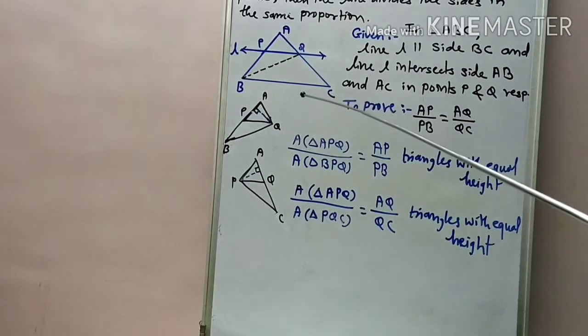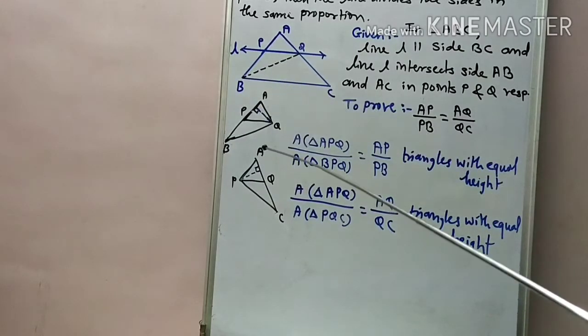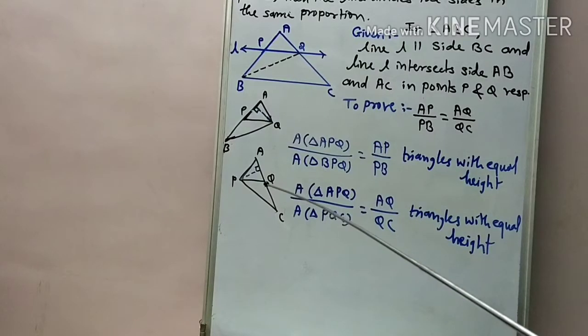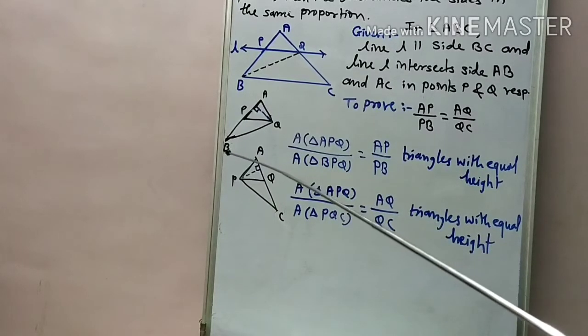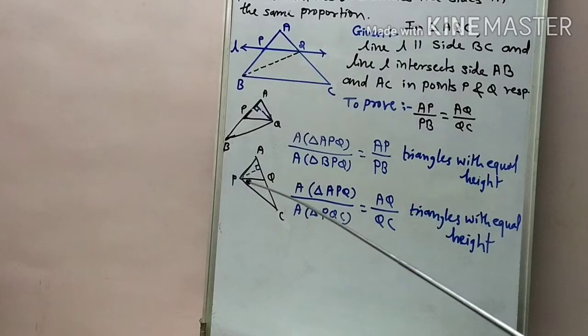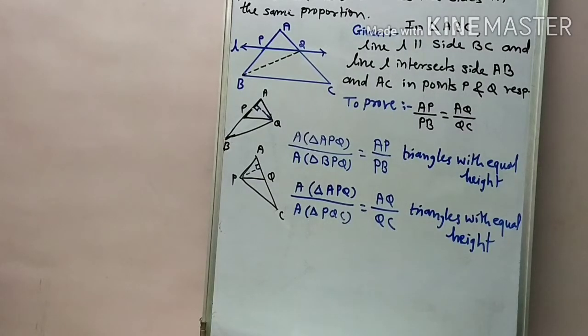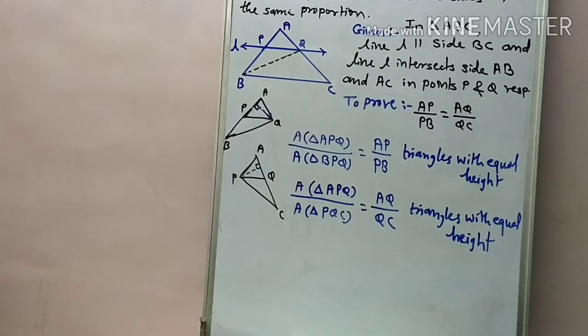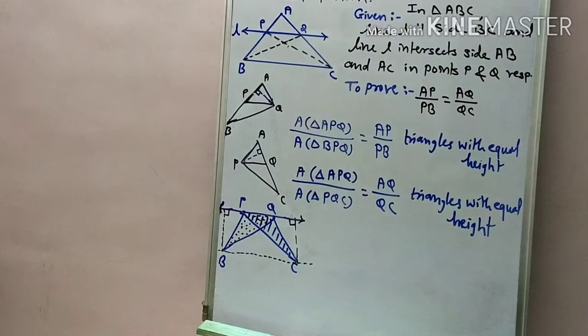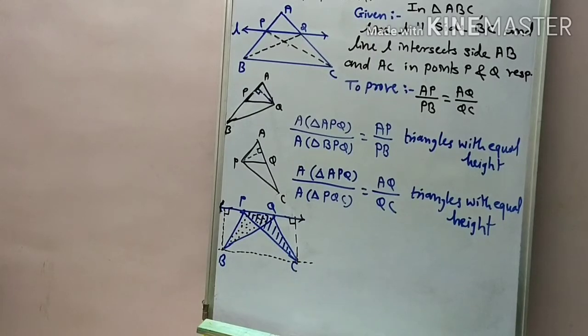As we notice in this figure, BPQ and PQC are both equal in area. Why do we say that two triangles have equal area?